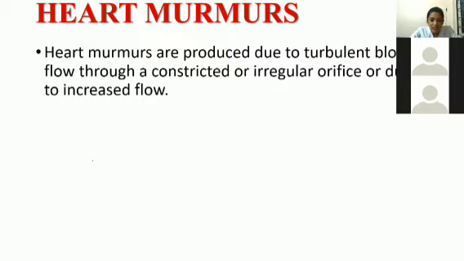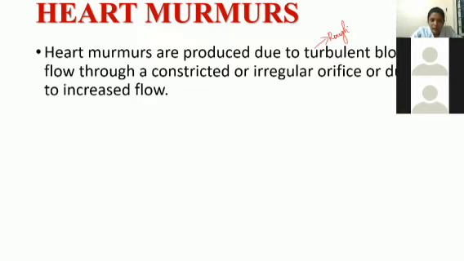So there is increased flow, or there is so much obstruction in between, or the blood is rushing through the valves, so that some rough sound or some swishing sound will be there. Turbulent means some rough sound we can hear.